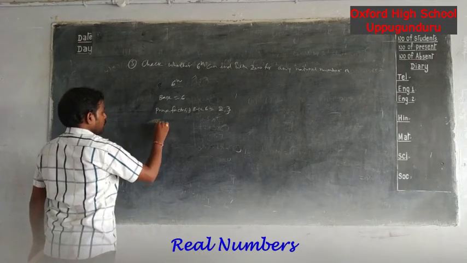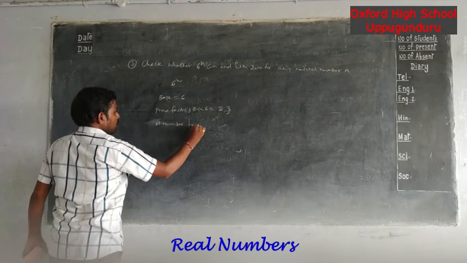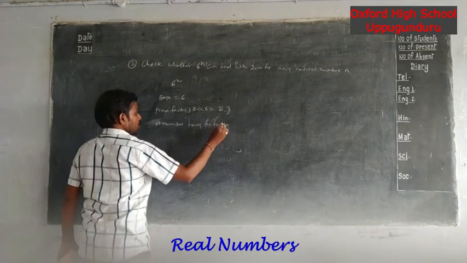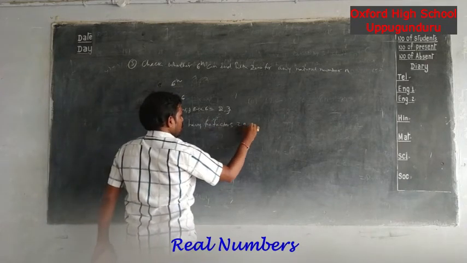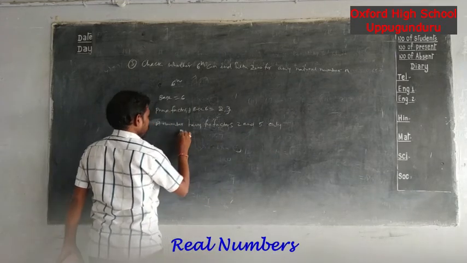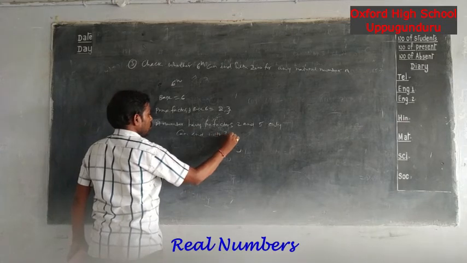A number having the factors 2 and 5 only can end with 0.